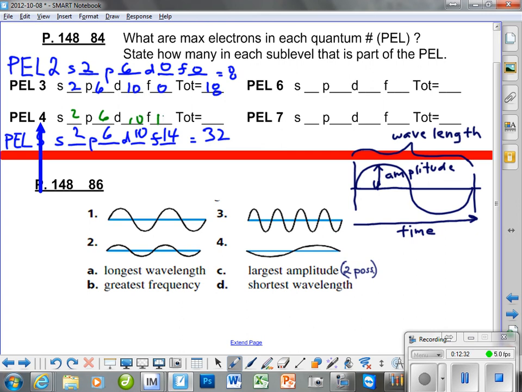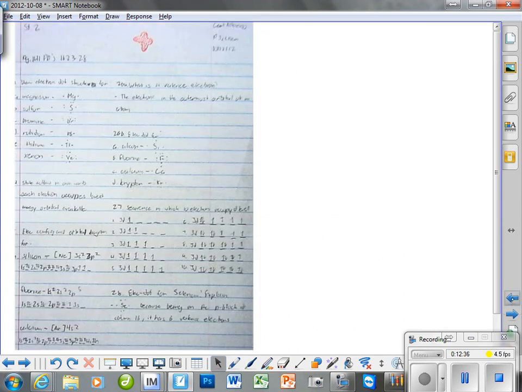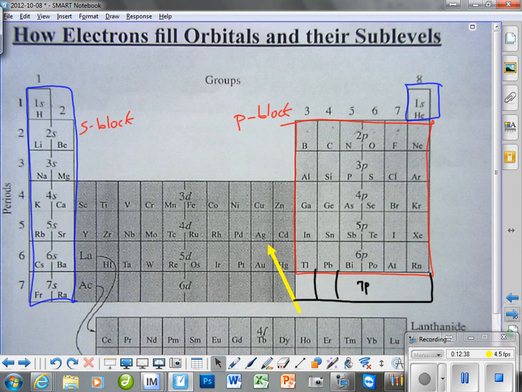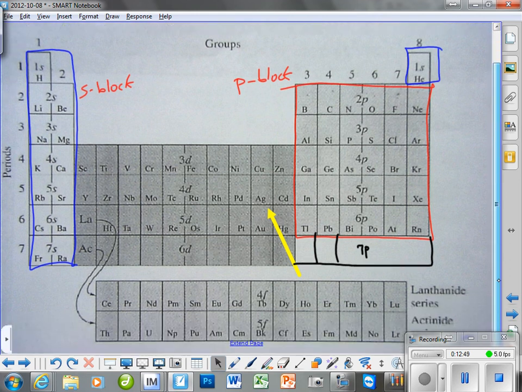Okay, so the way you do these is you look on this form of the periodic chart, and what we were just doing was 5, wasn't it? No, 4. We were doing 4. So for 4, we look in the S block first to find if there's an S. Then we look in the P block to find if there's a 4P, and there is.